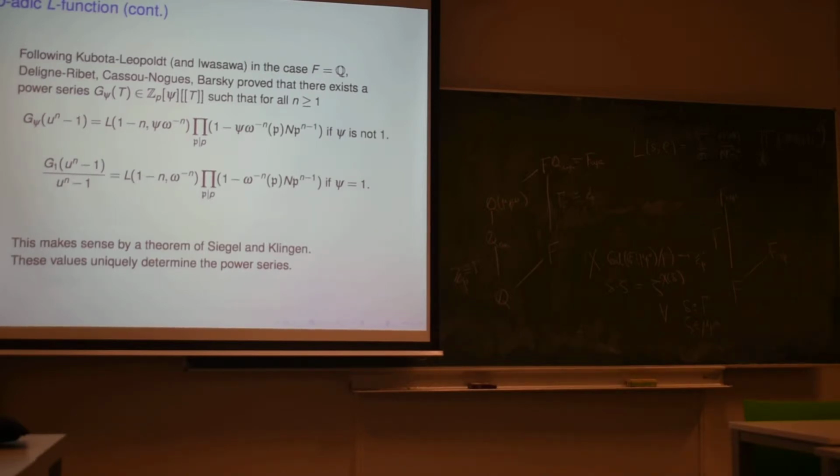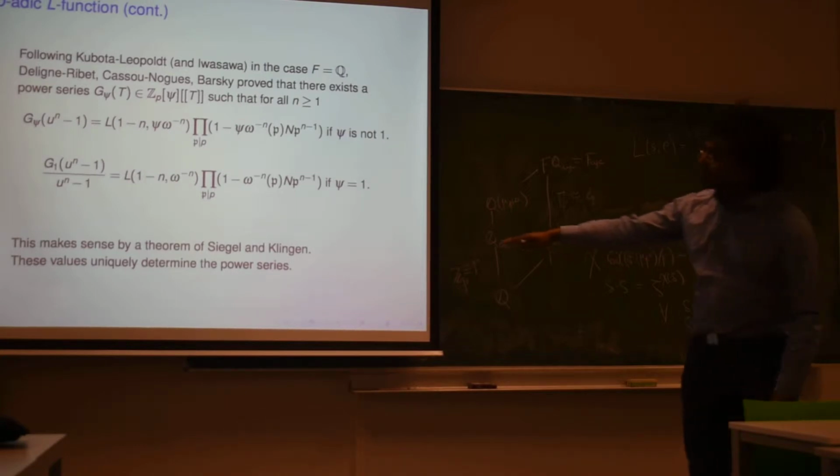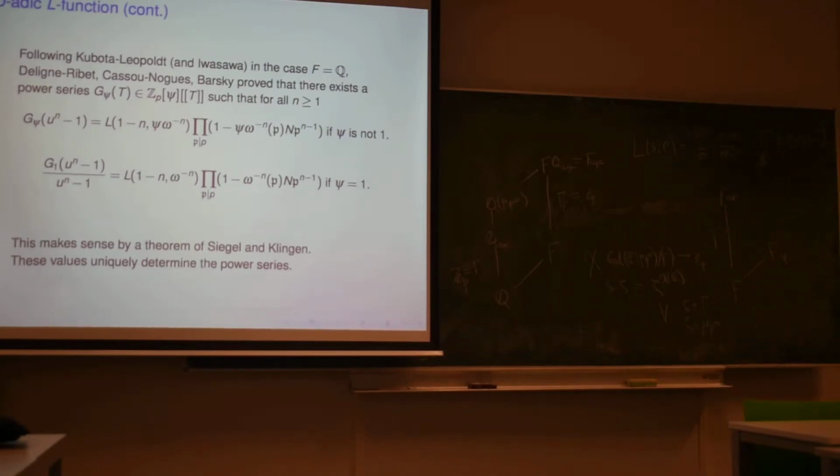That's what Siegel and Klingen proved. So that's why it doesn't depend on that. But it does depend on the choice of topological generator. Yes. And these values uniquely determine this power series. Okay, so these power series over Zp are uniquely determined if you know their values at infinitely many points.